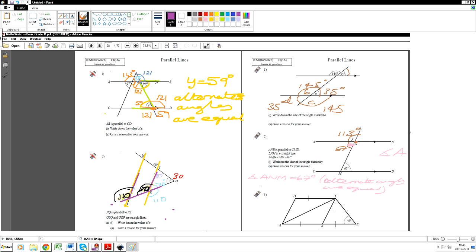And then we can say angle A and L, or angle Y. Angle Y is equal to 113. Why is that? Angles at a point on a straight line add up to 180.